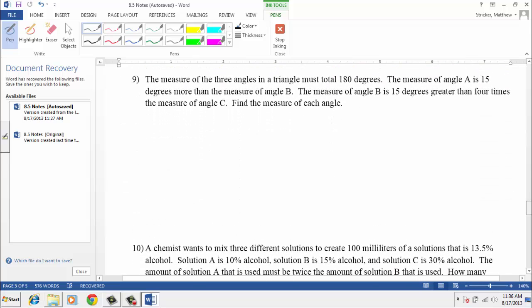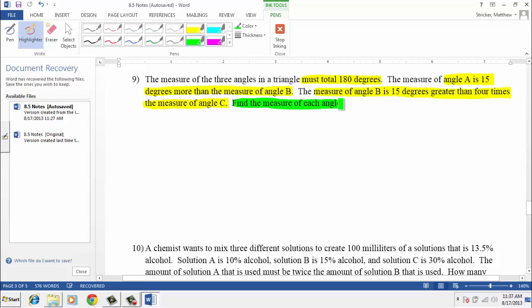The measures of the 3 angles of a triangle must total 180 degrees. We're given that. The measure of angle A is 15 degrees more than B, and the measure of angle B is 15 greater than 4 times the measure of C. What are we trying to find?